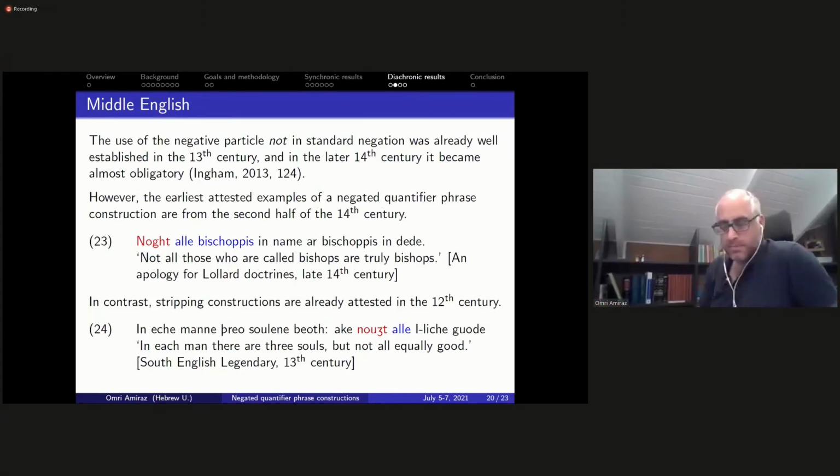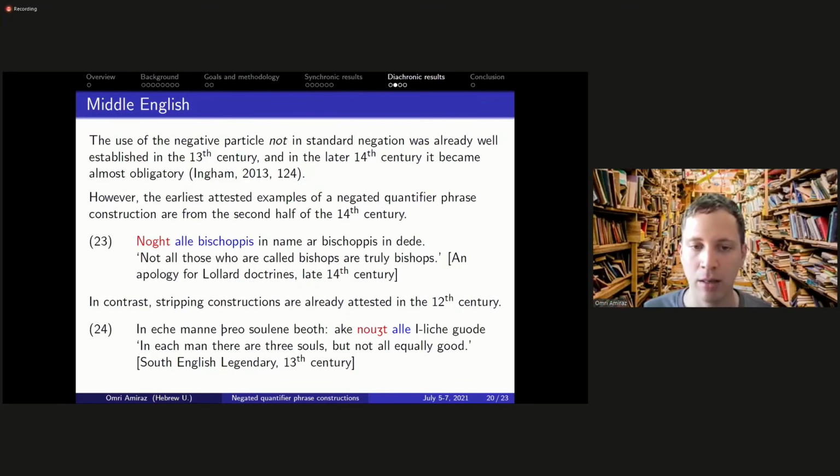Yeah. So the motivation that I'm suggesting is that this type of construction is helpful because it avoids inverse scope. Because otherwise, if you don't have this construction, then you would have to use inverse scope, which is costly. So I suggested this motivation.